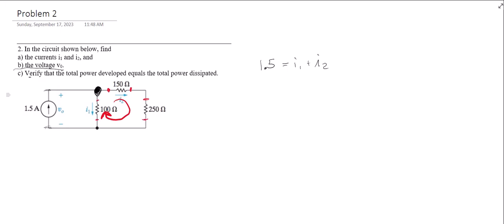And when we do this, we use the passive sign convention, meaning that if I have a resistor and I have a current going into that resistor, and my loop is going in this direction, then I'm going to call this the positive side and the negative side of the resistor, and I am going to come up with a positive voltage change across this.